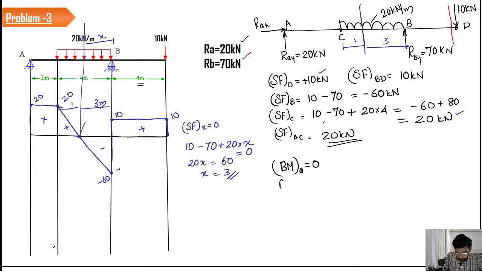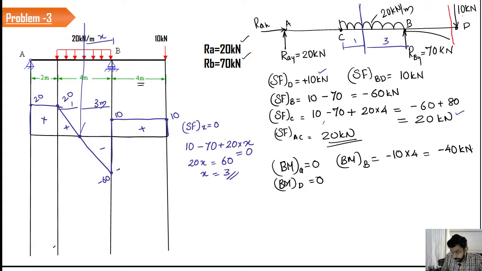Now, what is the bending moment at D? Bending moment at D is 0, free end. There is no load beyond C to create a moment out there. So the bending moment at B equals 10 into the distance, which is 4, and the sign is going to be negative because this is going to create a hogging effect.